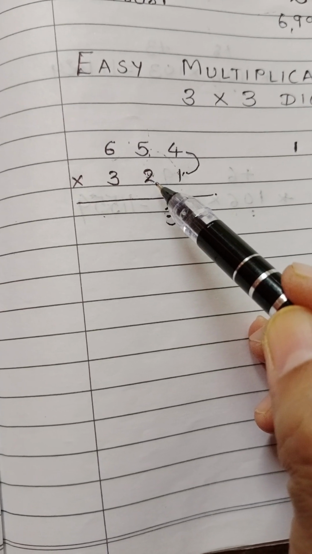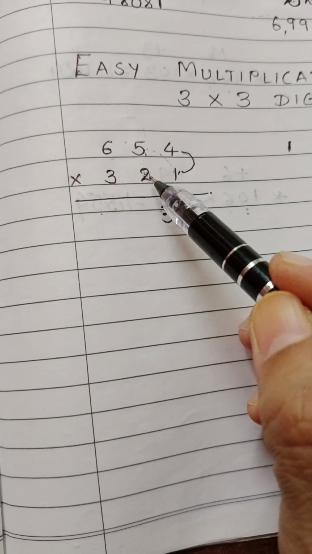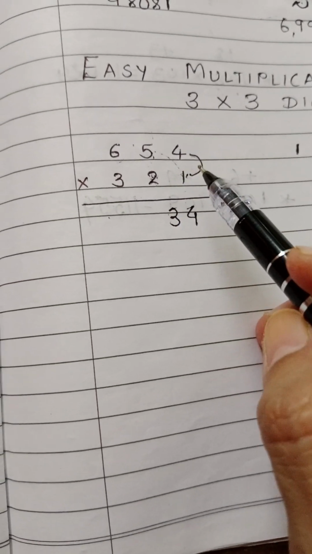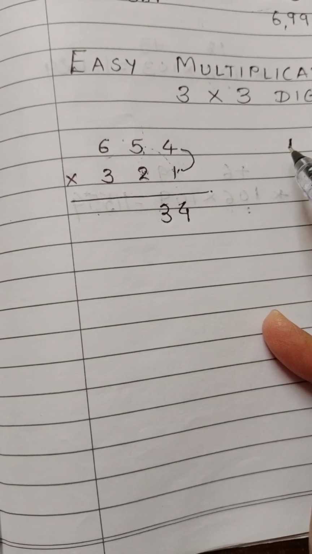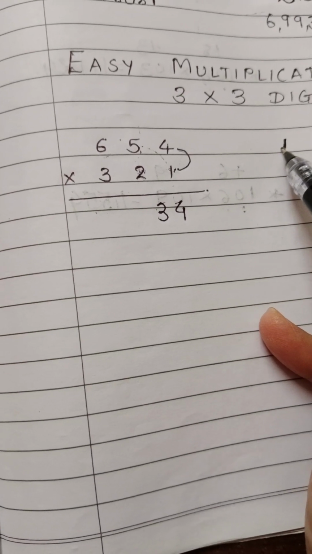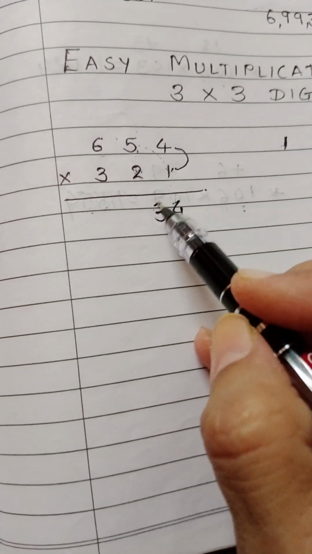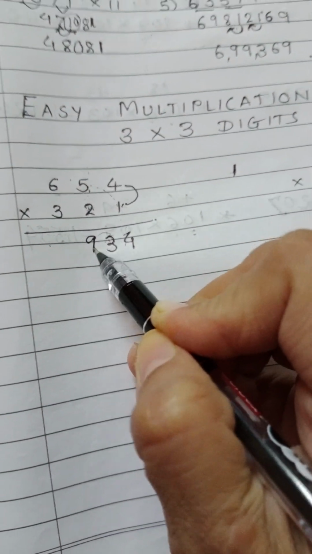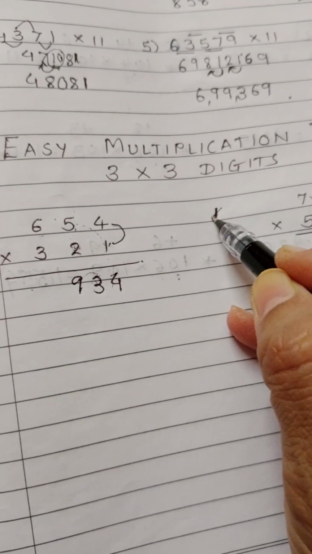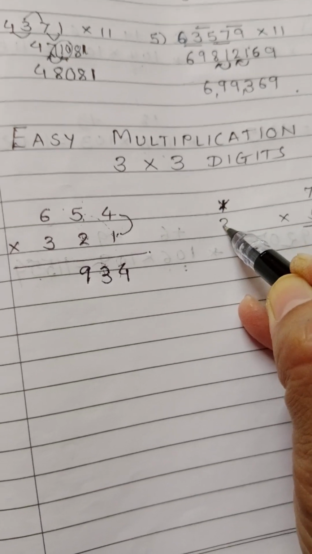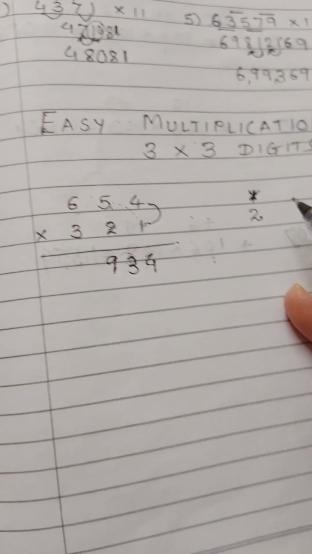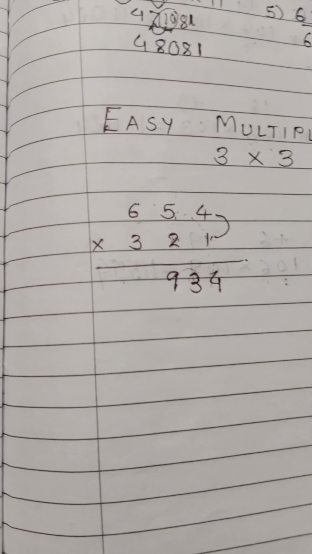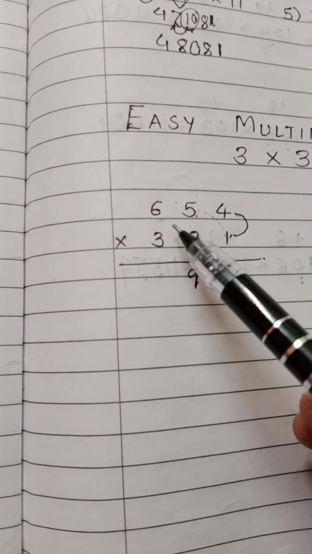So 18 plus 10 will be 28. 28 plus 1, this carried forward 1, we will add to 28, so we will get 29. Now we don't have 1 carry, we will cut this and we will write 2 here because we have 2 carried forward.